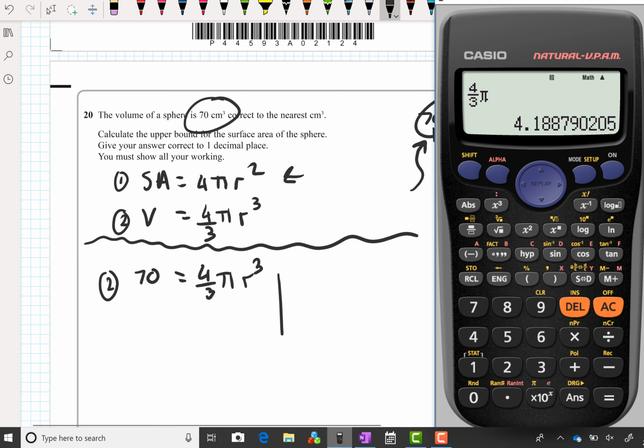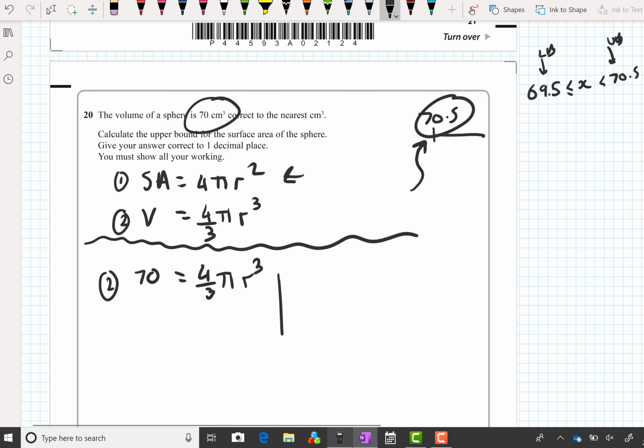So I'm going to keep it as 4 over 3 pi because I like things simple. The opposite of timesing by 4 over 3 pi is dividing by 4 over 3 pi, which is completely okay to do. 70 divided by 4 over 3 pi is equal to r cubed. Now this is really useful because I want to get r squared.